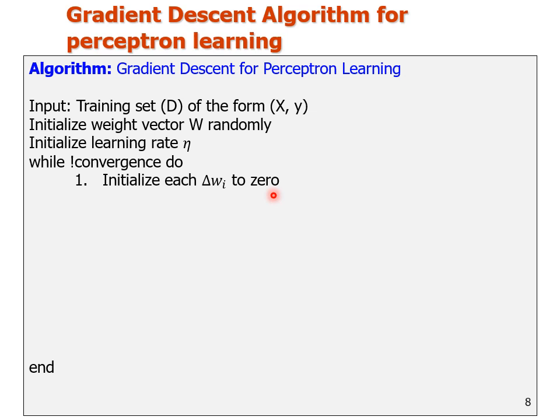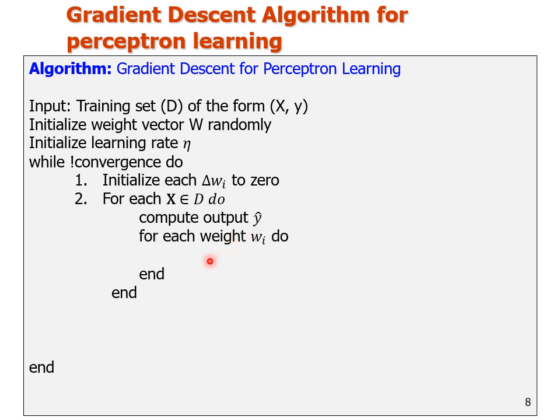For each sample x that belongs to capital D, compute output y hat. For each weight wi, compute delta wi. So how are we computing this delta wi?